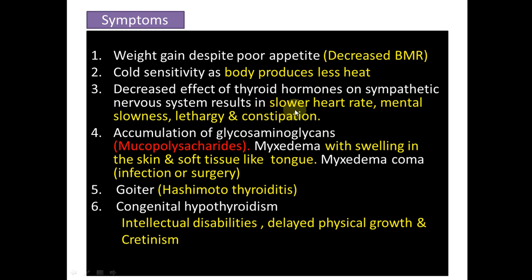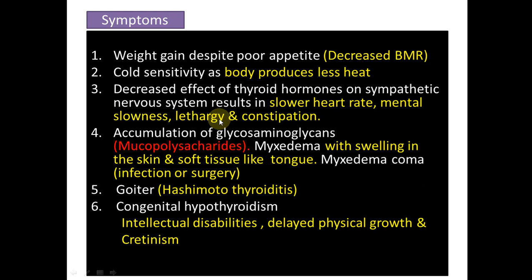The patient will be having a slower heart rate or bradycardia. His mental capabilities are slowed down. The patient is lethargic, uninterested, in feeling of something like lacking energy to do something.